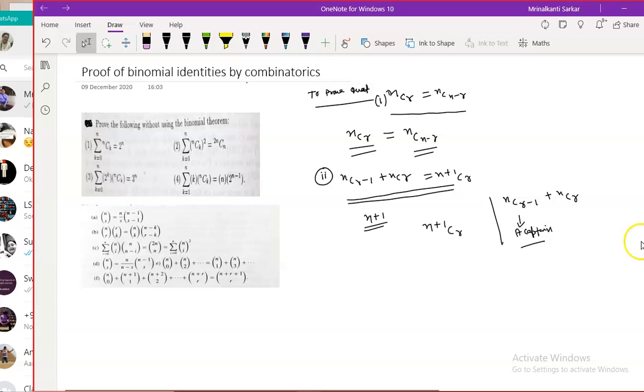If you are selecting a captain, then from the n plus 1 people group, first you keep him out of the group. Then in the group, how many are there? n people. From n you select r minus 1. It can be done in nC(r minus 1) ways. And then the captain is added, so you get r people only. You need to select r people. There is a captain plus r minus 1 members.